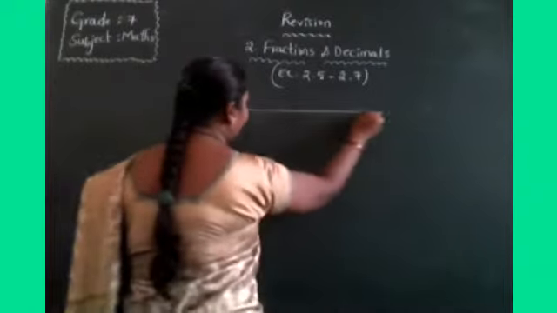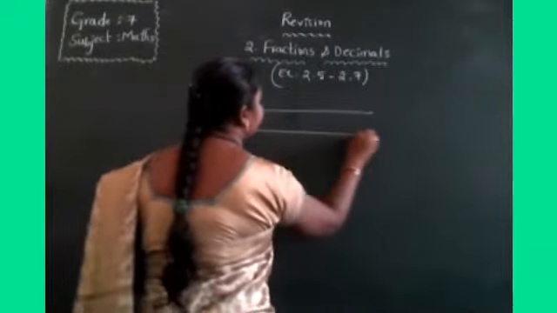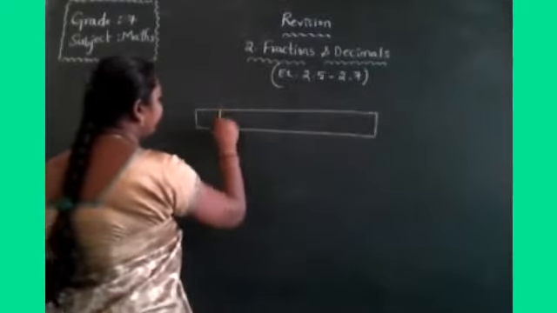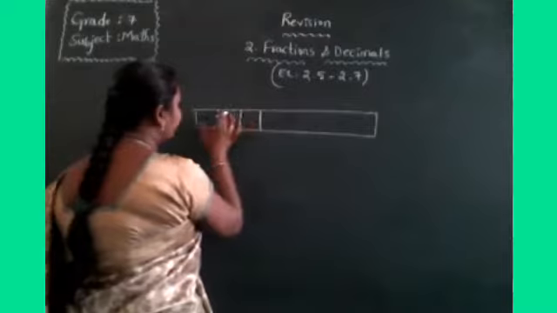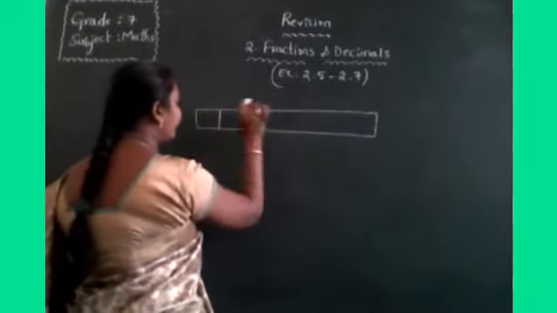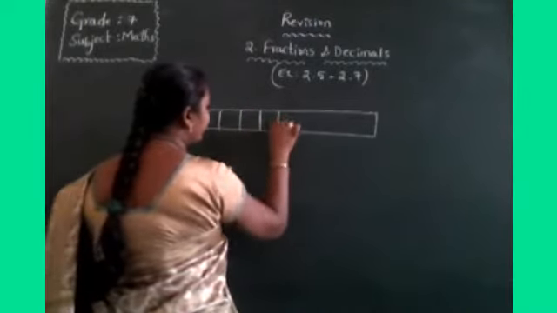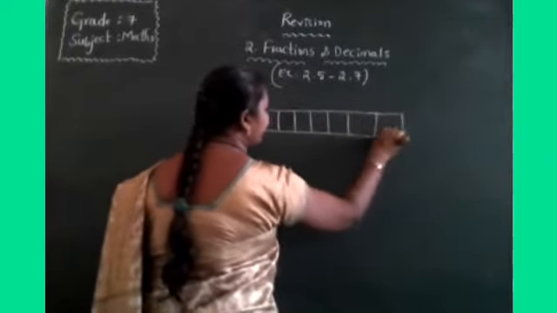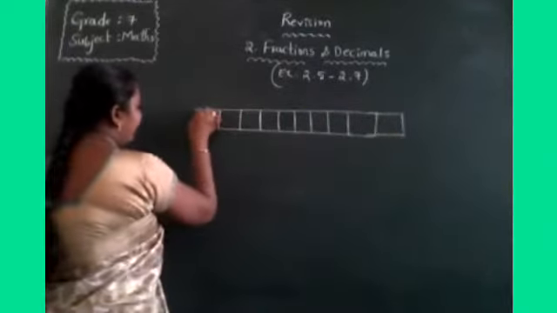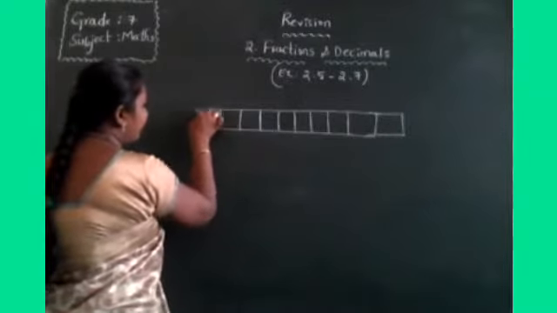Suppose I am drawing one figure on the board. So look here, I am dividing this figure into how many equal parts? 10 equal parts. 1, 2, 3, 4, 5, 6, 7, 8, 9, 10. So I am going to shade one part here.